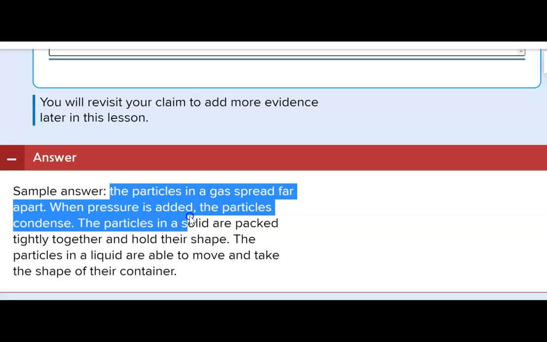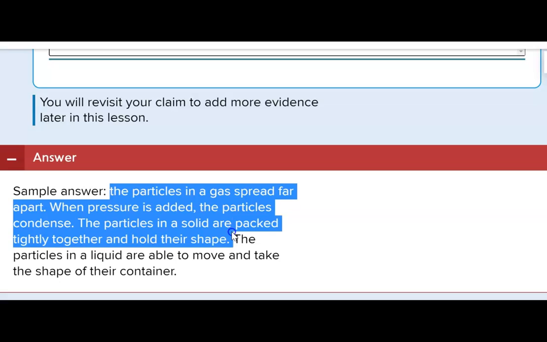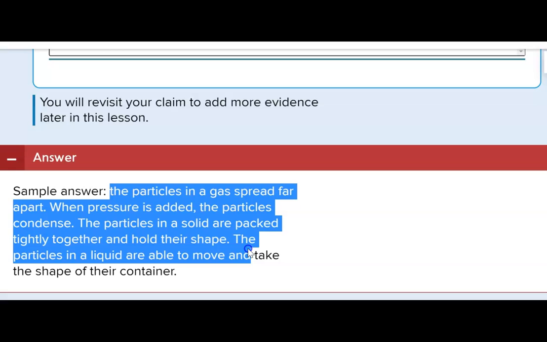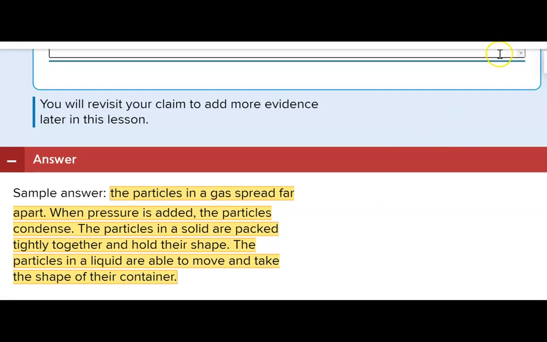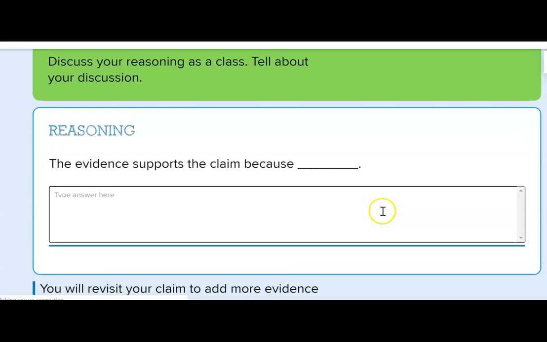The particles condense. The particles in a solid are packed tightly together and hold their shape, and the particles in a liquid are able to move and take the shape of their container, all right?